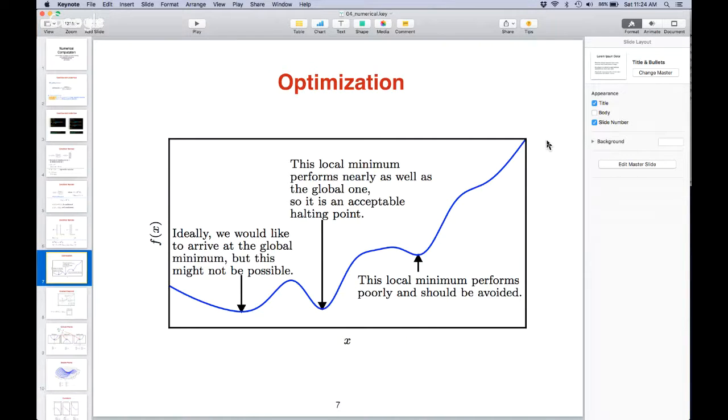And if you have two features, it's going to be a parametric surface in three-dimensional space. And usually we have many, many features in interesting machine learning problems, so it's not going to be easy to plot it. So what we are trying to do in optimization is find the global minimum of our loss function.